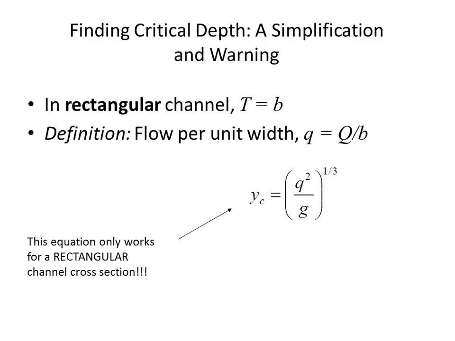That is 6.25 divided by 9.81, to the 1/3 power. And that gives us the same answer: 0.860 meters is the critical depth for that rectangular channel.